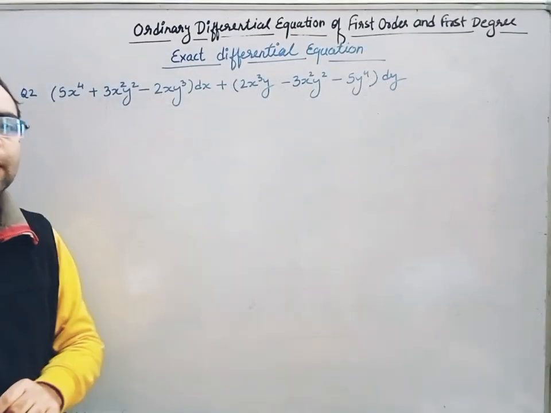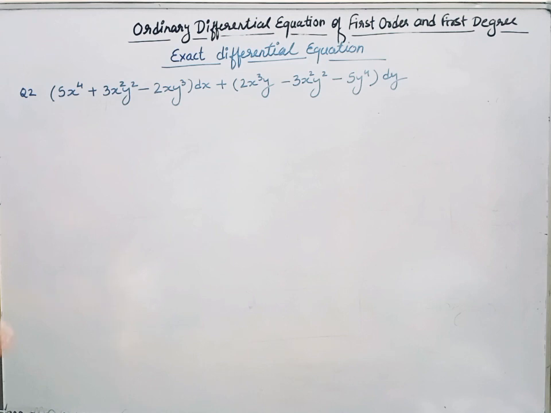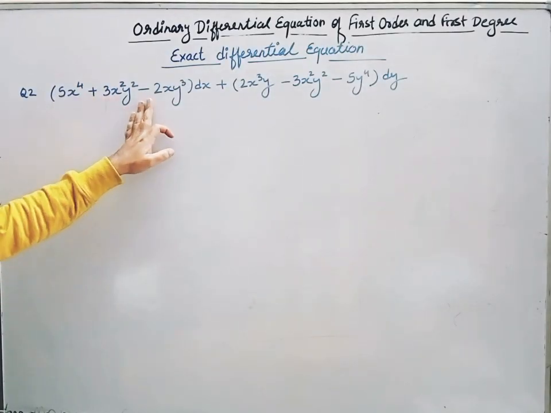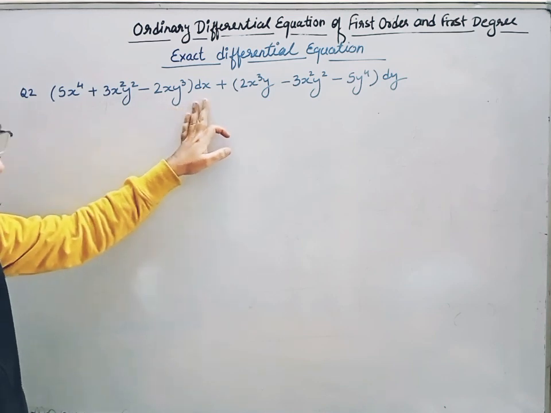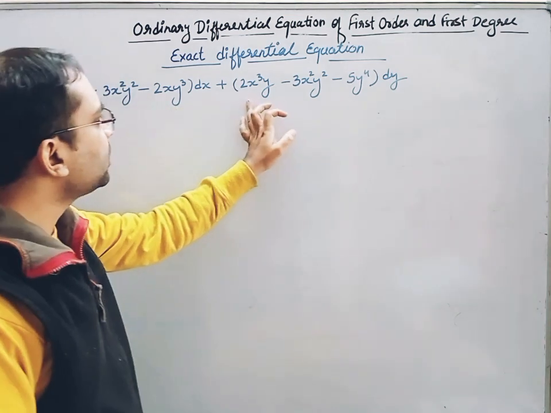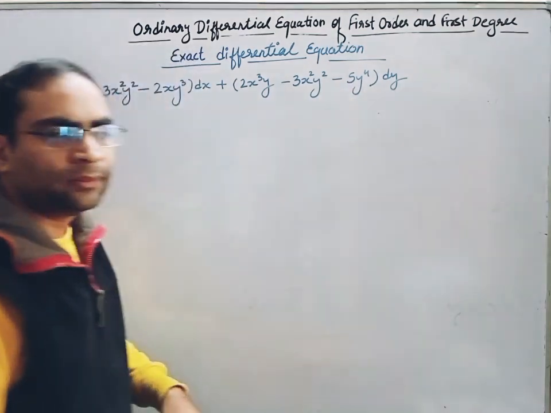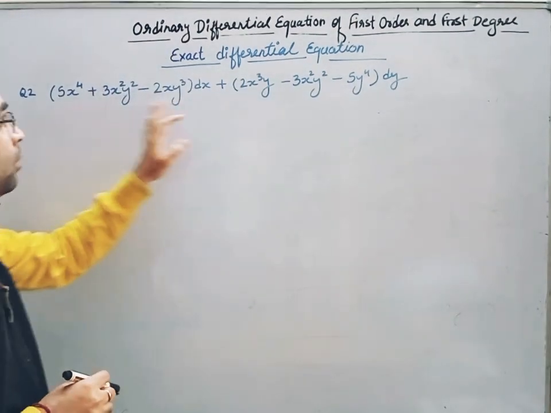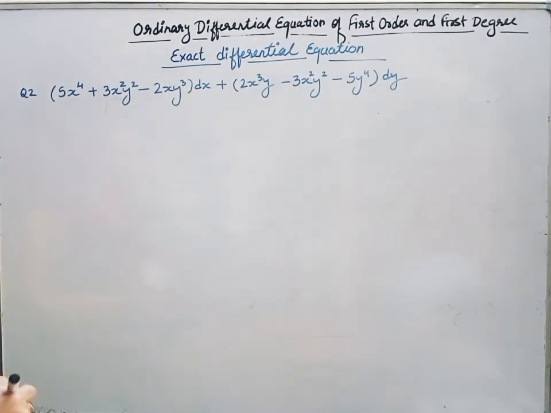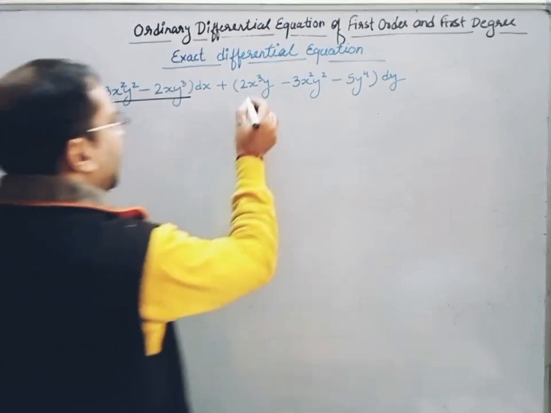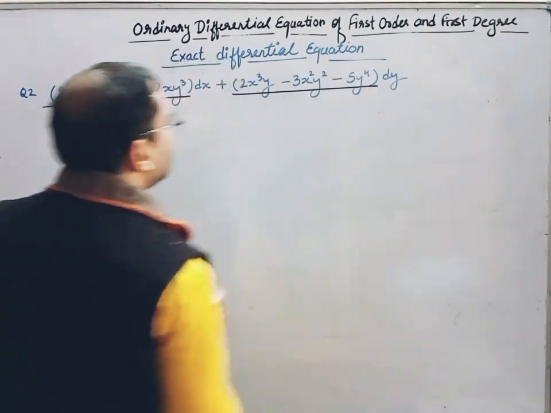Now let's talk about the solution of this example number 2, which is (5x to the power 4 plus 3x square y square minus 2xy cube) dx plus (2x cube y minus 3x square y square minus 5y to the power 4) dy. So this is in the form of M dx plus N dy, where we can see this term will be M for us, and on the right hand side this term will be N for us.